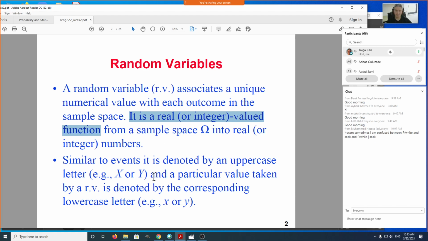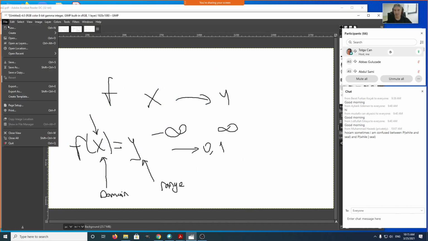So this definition, this concept of random variables, allows us to study interesting things we are going to see in the remainder of this chapter and also the next chapter too. Similar to events, we denote random variables by uppercase letters, and we will denote probabilities like this.